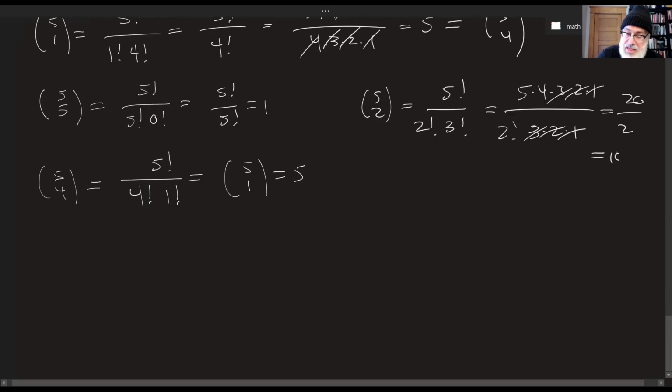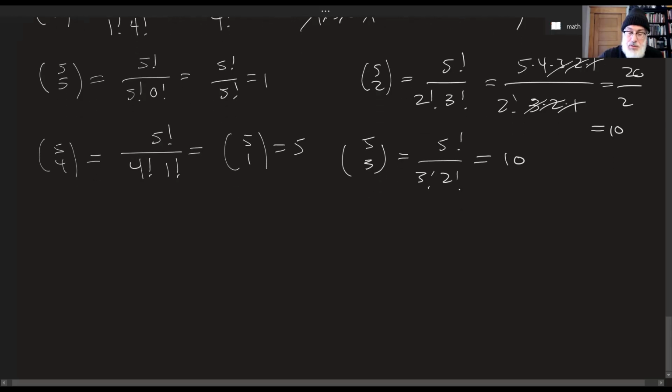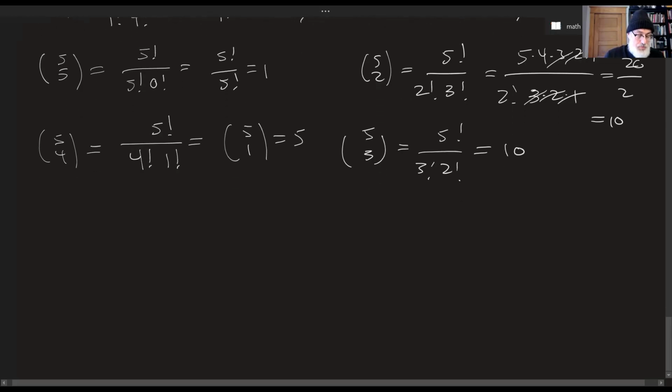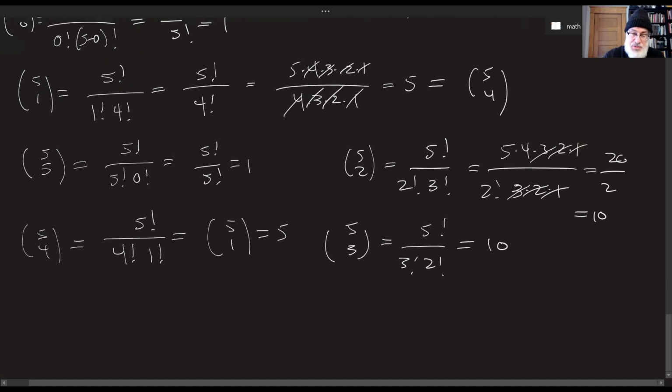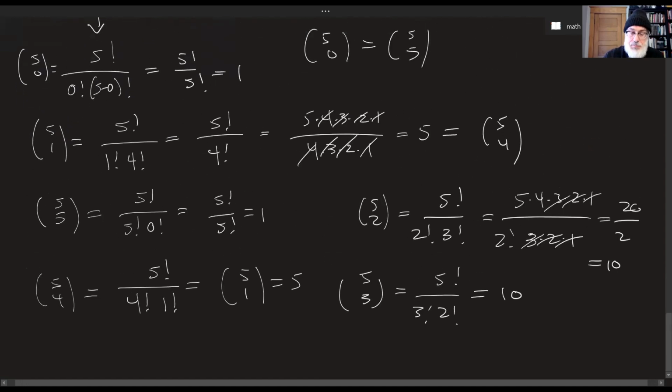So that's 10. What about 5 choose 3? Well, that's 5 factorial over 3 factorial times 5 minus 3, which is 2 factorial, which is the same as 5 choose 2. So this is also 10. So that's it, right? So you can see they sort of pair up.